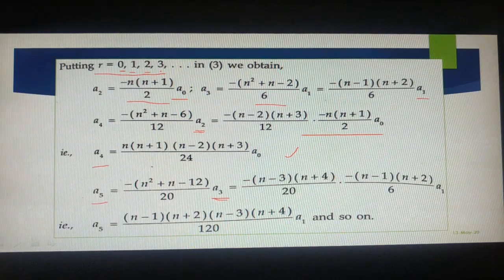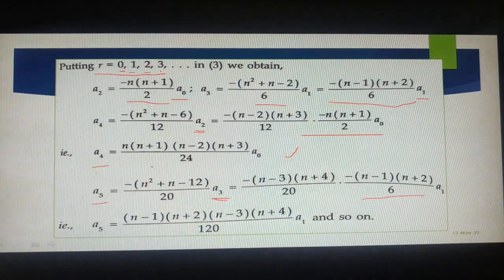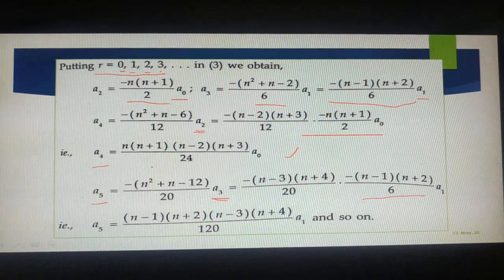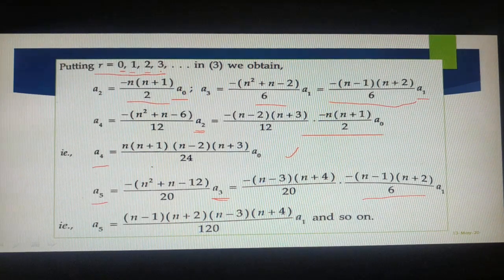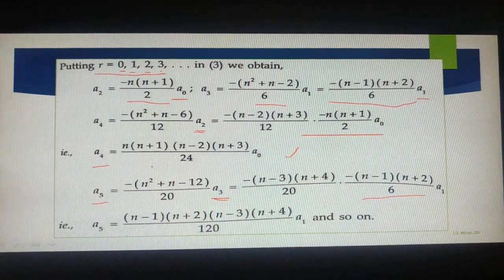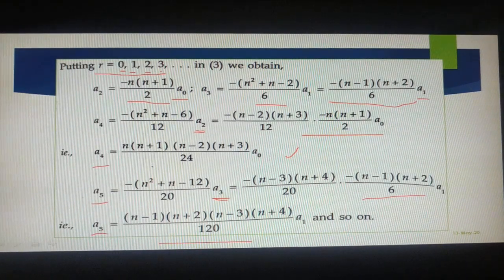Already we evaluated a3 in terms of a1, that we have to substitute. That means all odd values, a3, a5, a7, a9, all we are writing in terms of a1. All even values a2, a4, a6, a8, all we are writing in terms of a0.